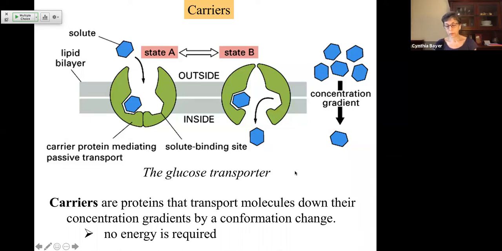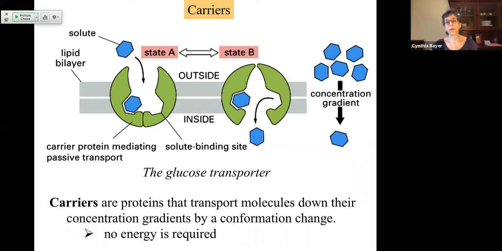Now, one thing that's important is that the direction of the movement and the rate of the movement of this glucose in this example that can bind to this glucose transporter protein is going to be dependent on the concentration of the glucose, the difference in concentration on both sides, what that concentration gradient actually is.